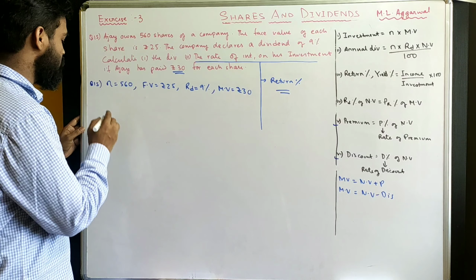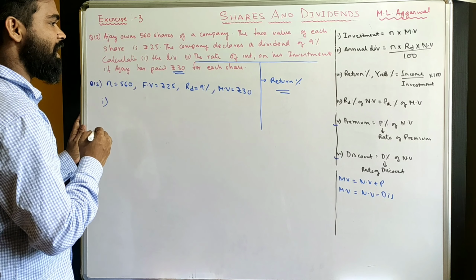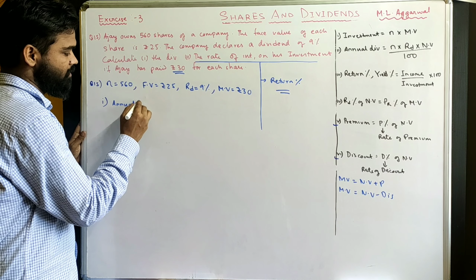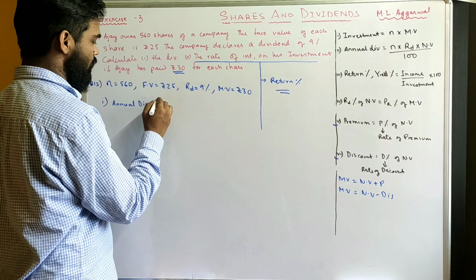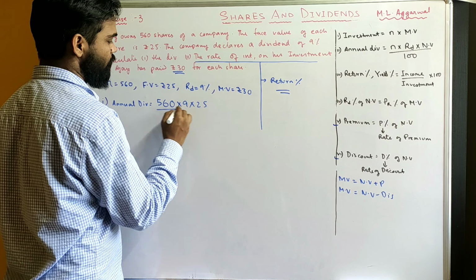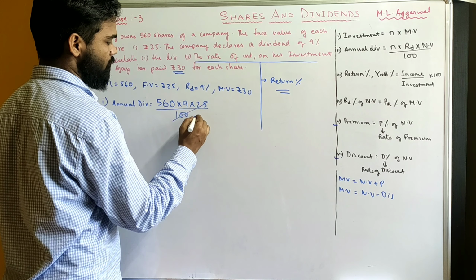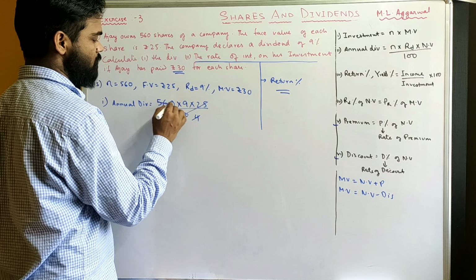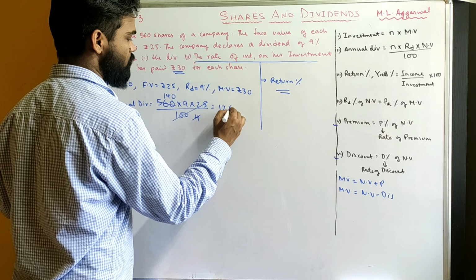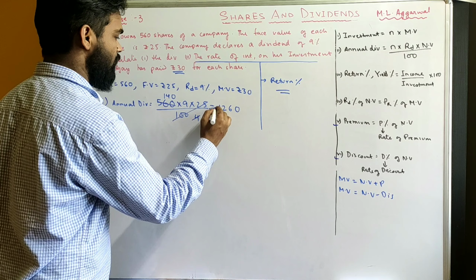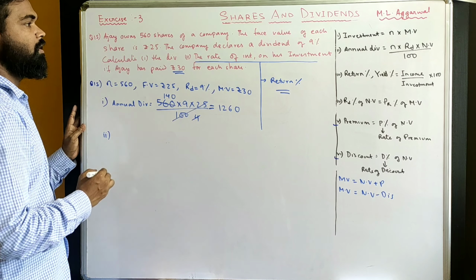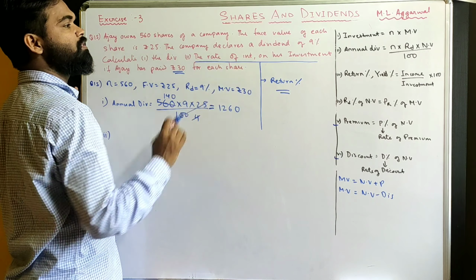Am I clear? Step by step. We'll first calculate the dividend. The annual dividend is number of shares into rate of dividend into face value by 100. This is 4 times. This is 140. That's 1260. Done. That's my dividend. So next, let us see the rate of interest on his investment.